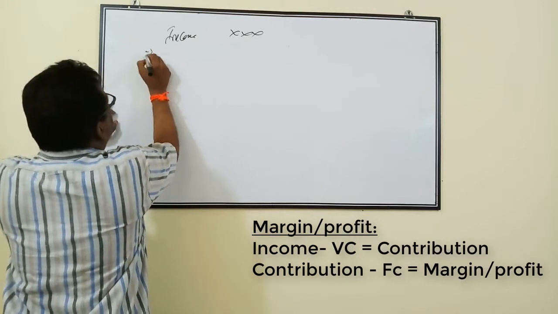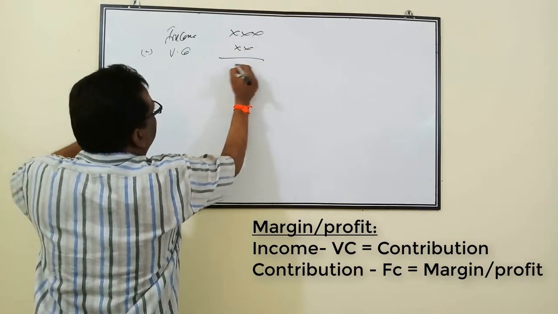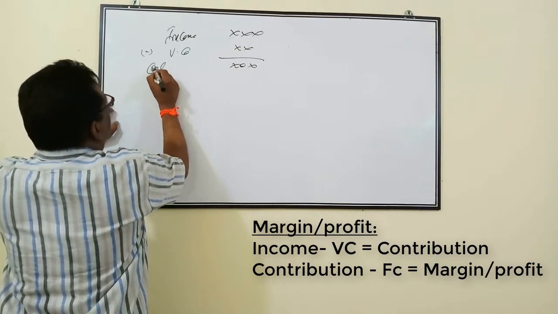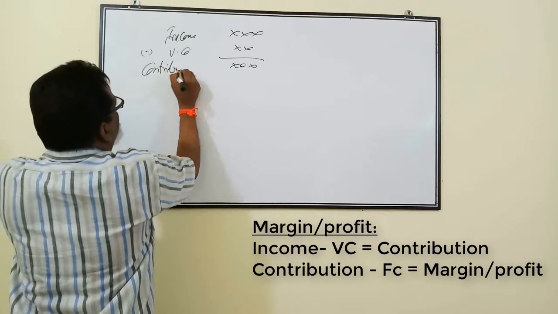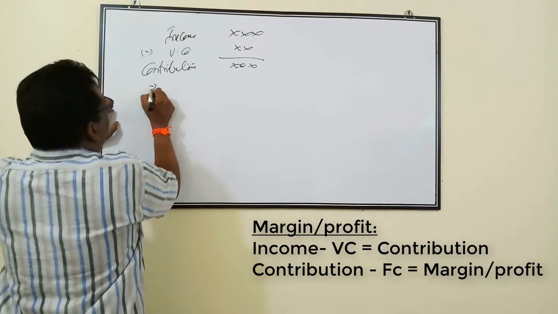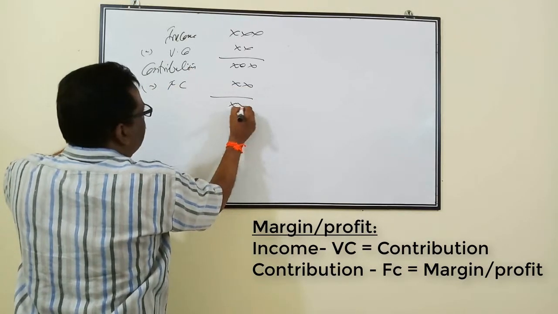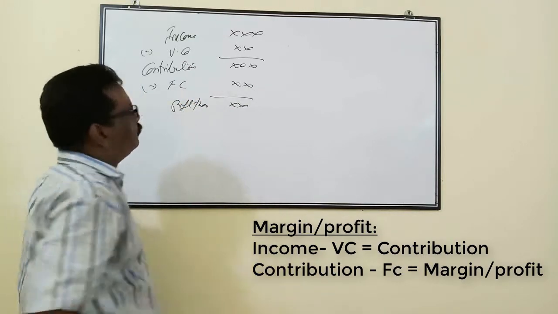Income of the business minus variable cost is contribution. Contribution minus fixed cost is margin, or profit or loss.